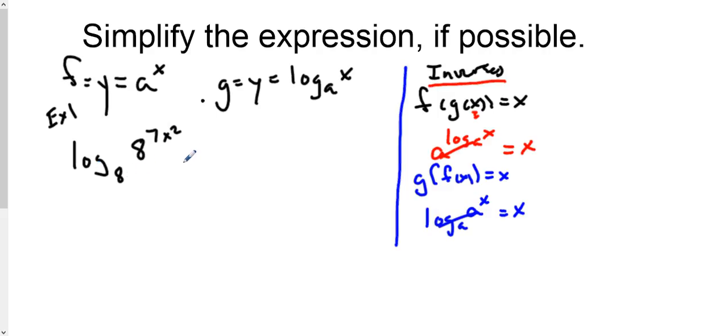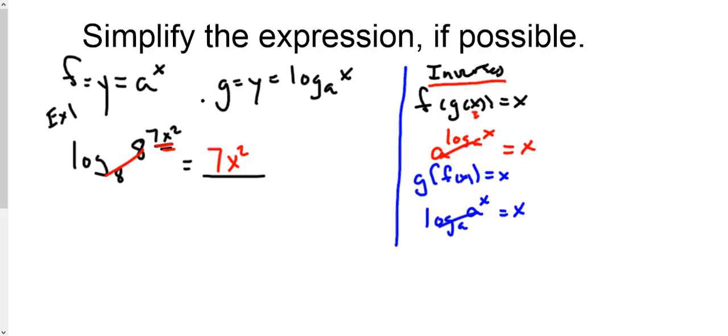This is an inverse expression, so what would the answer be? Since these are inverses of each other, it would equal the value inside the exponent, so our answer would have to be 7 times x squared. It's just the exponent, because these cancel out.